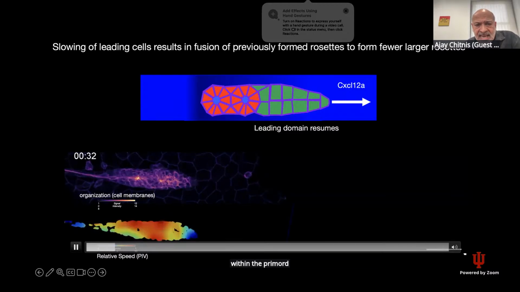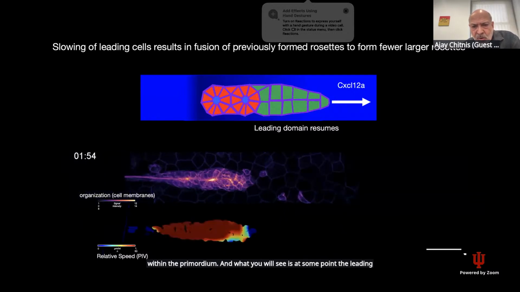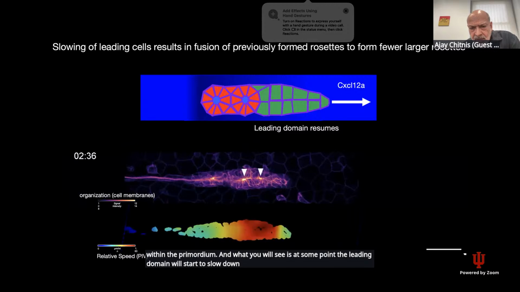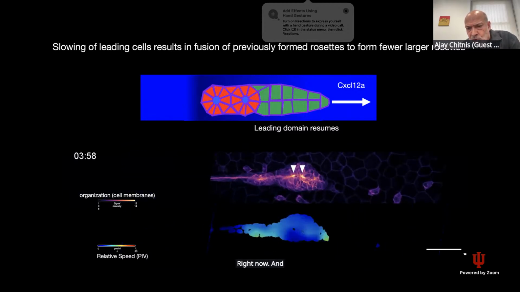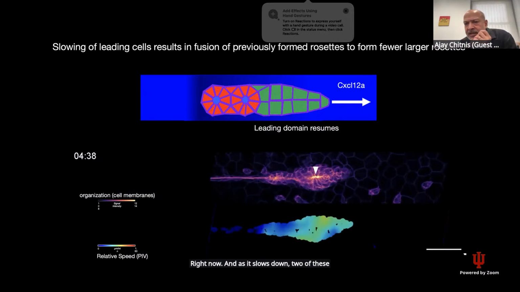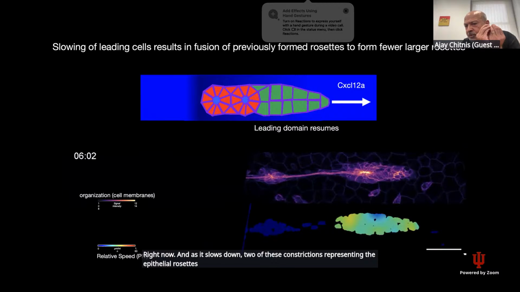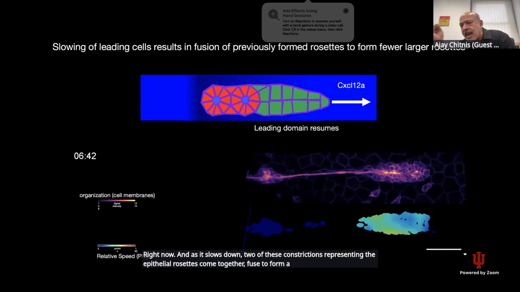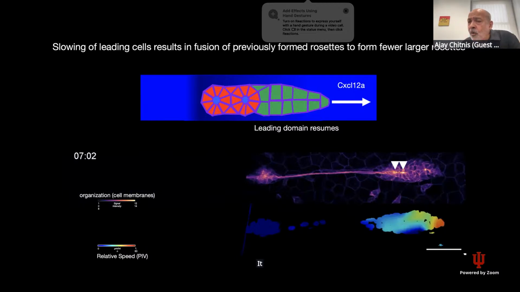And what you will see is that at some point, the leading domain will start to slow down, right now. And as it slows down, two of these constrictions representing the epithelial rosettes come together and fuse to form a large rosette. And then as the migration resumes again, it splits to form two rosettes once again.